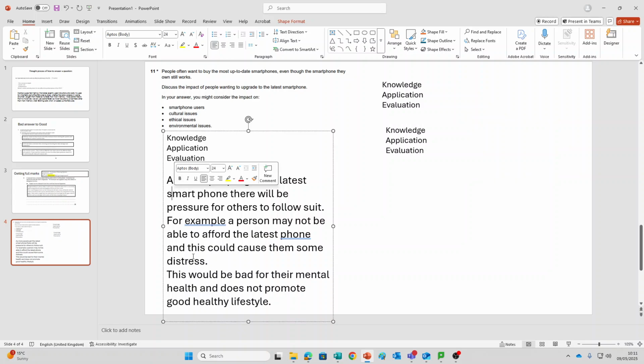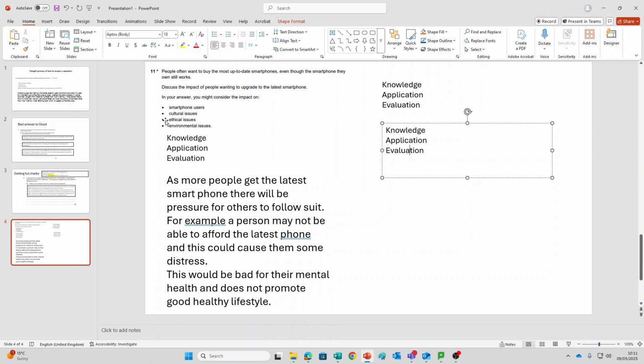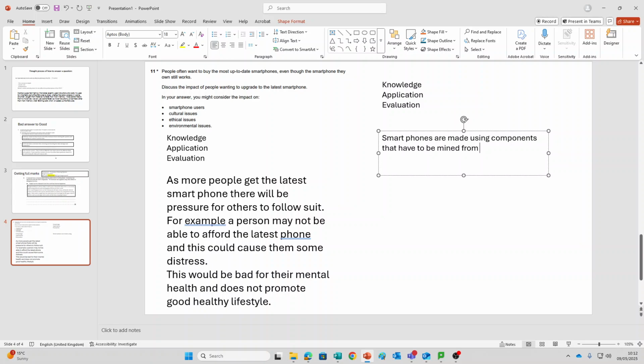This would really be considered an ethical issue if you wanted, or it could be a smartphone user and ethical issue. But let's do an environmental issue, a nice easy one. So, knowledge: smartphones are made using components that have to be mined from the earth. Right? So that's obvious.